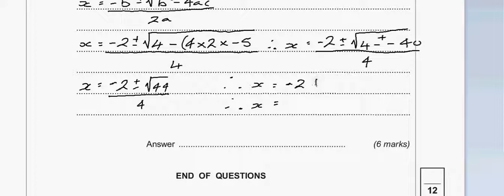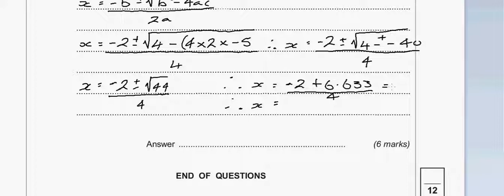Now I'm going to add this time whatever the root is of 44. So the root of 44 is 6.633. So we have 6.633, and this is all being divided by 4.